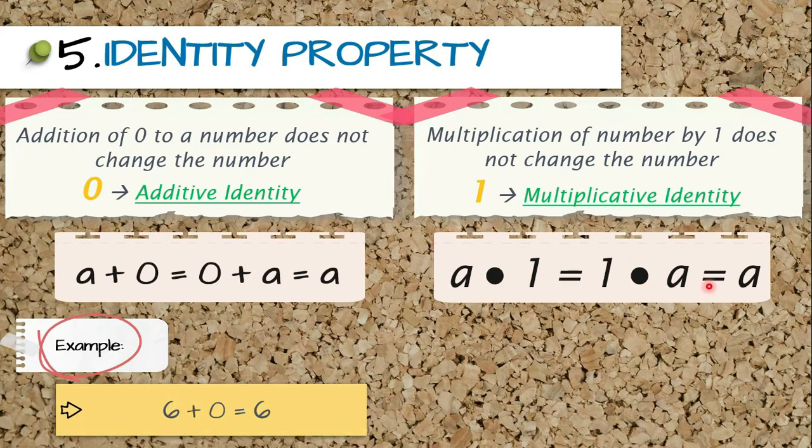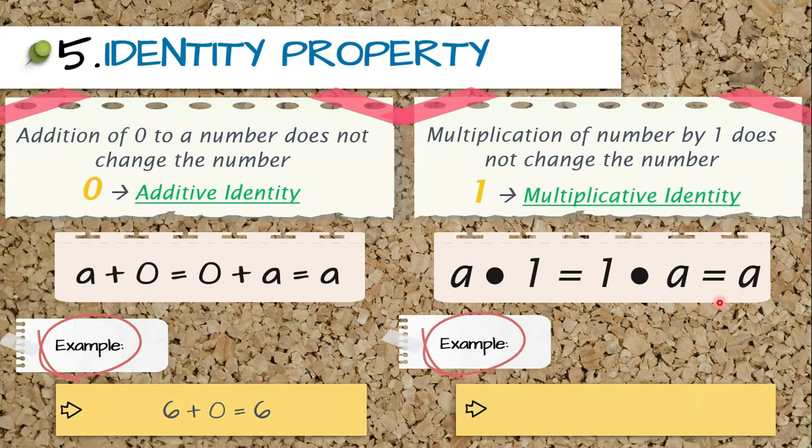That is equal to still a. Example, 6 times 1 is equal to 6. So whatever number you're going to multiply to 1, the answer is always the number itself. That's why that is called identity. So that is an example of identity property.